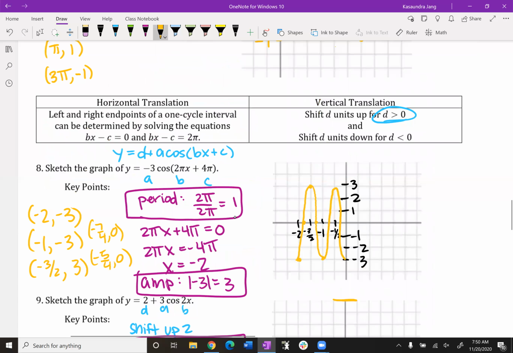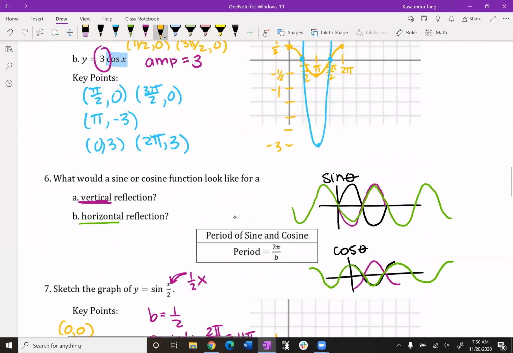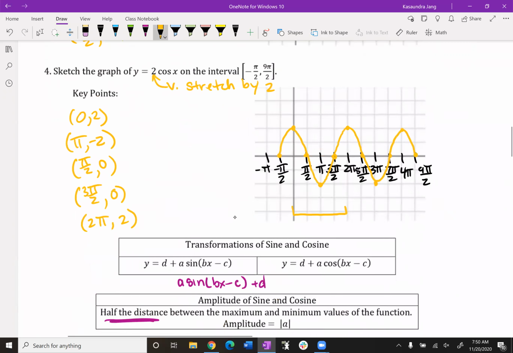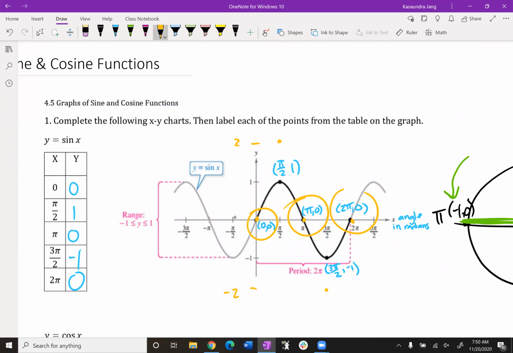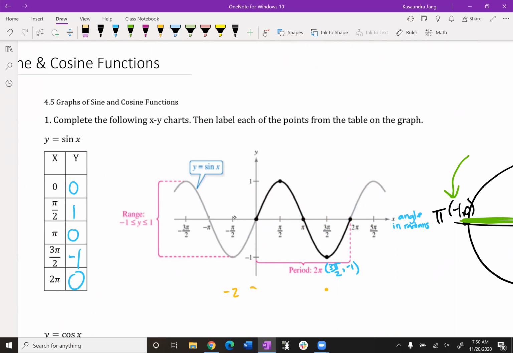All right, and then, where am I looking at this here? Looking at the parent function, which again is this guy right here. This is my sine's parent function, and sine should start in the middle of its graph on the y-axis.